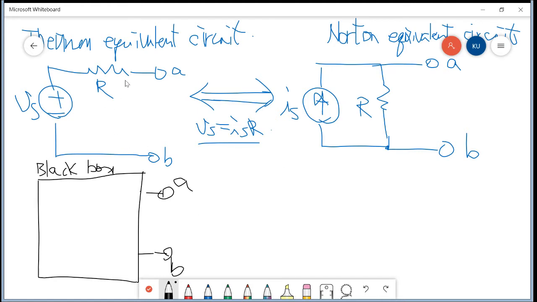It may be this circuit or that circuit, but you don't really know.